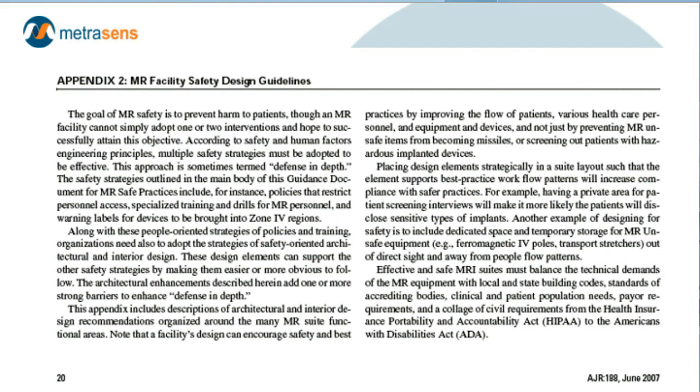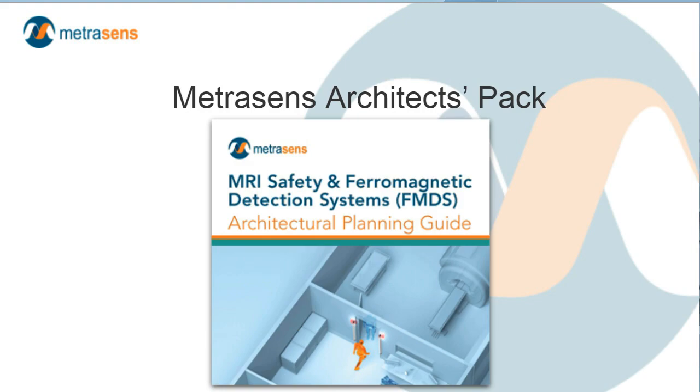And the third reference that I'm going to point you to is available on the Metrosense website. This is the Architects Pack. This is the planning guide for planning facilities and siting ferromagnetic detection equipment.